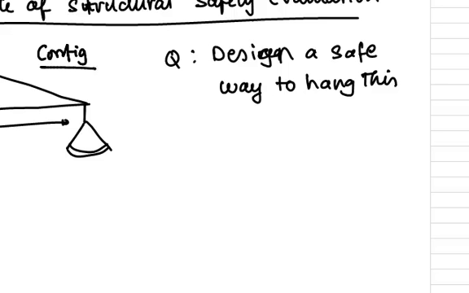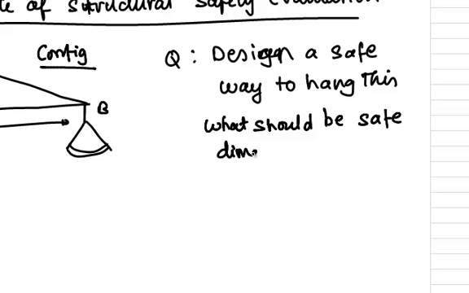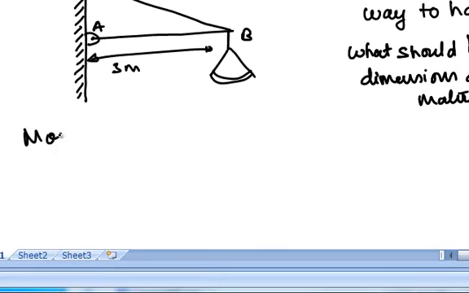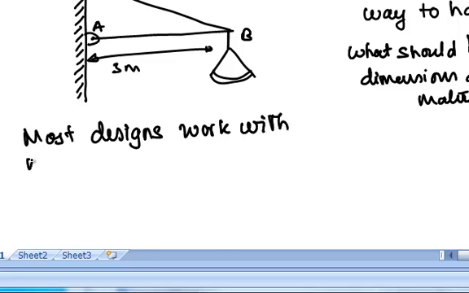And our question is, let us label this ABC. We want to find out what should be safe dimensions and materials. The problem with any design is that most designs work with incomplete information.